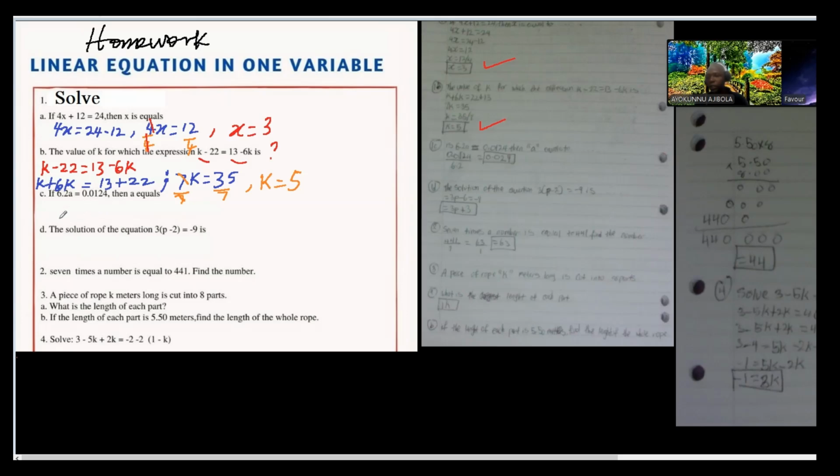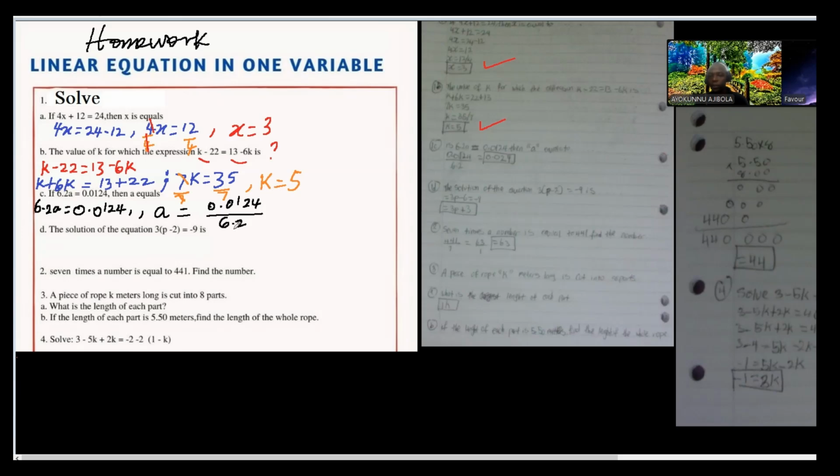The next one says if 6.2a equals 0.0124, then find a. So 6.2a is 0.0124. We just divide both sides by 6.2, and this means a equals 0.0124 divided by 6.2.